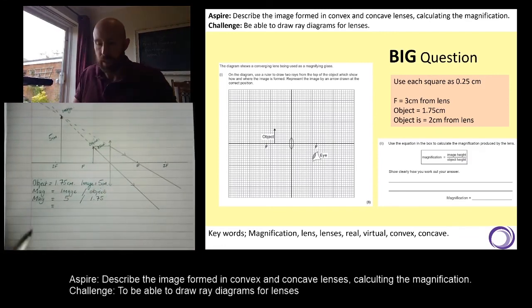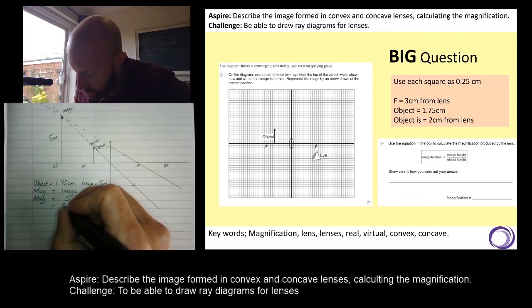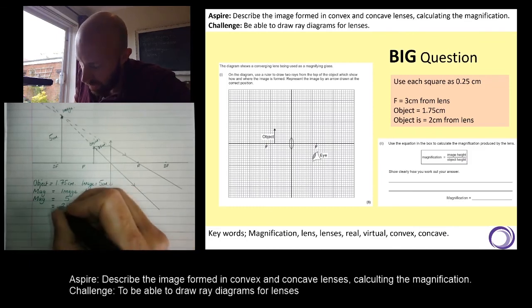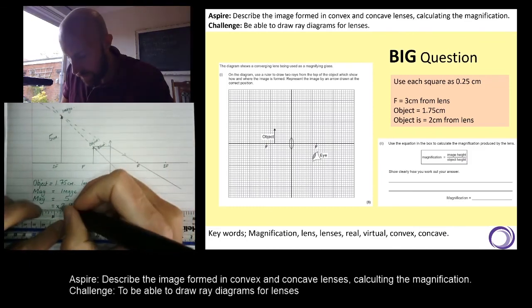Okay, let's have a go. 5 over 1.75 equals, I got 2.857. So I'm going to round that up to 2.9 times. So it's 2.9 times larger.